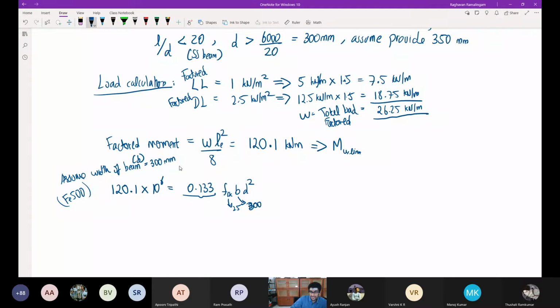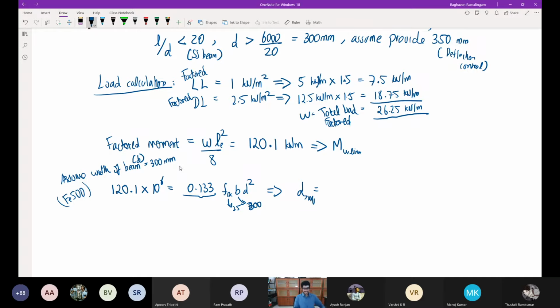We have just assumed that it is 350, for the purpose of deflection control. For that purpose only we assumed maybe provide 350, but we do not know whether that 350 will be sufficient for the moment. So we have to evaluate what is the d that we are going to get out of this.